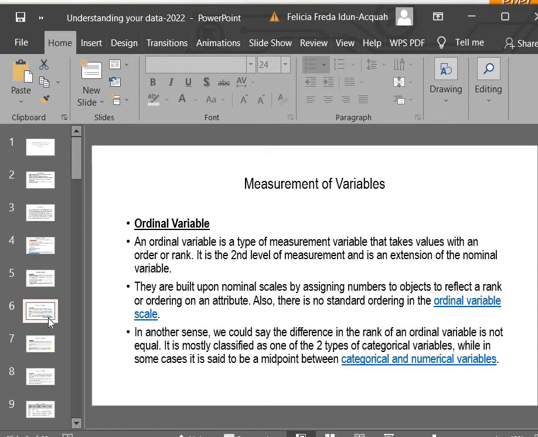We can also look at the classification of age, for instance, where in the social science studies we classify the various age ranges of our participants, maybe from 21 to 30, 31 to 40, 41 to 50, and then 51 and above.